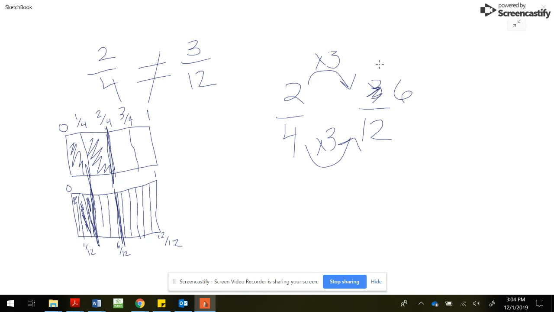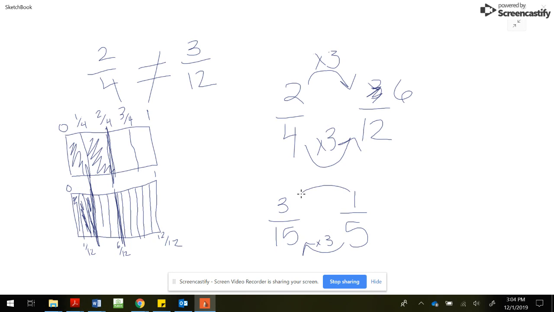One last thing that we might see is where, very similar to this, they're going to flip it up on you. So we're going to say 3/15 and 1/5. Instead, our larger denominator is on the left. So we could multiply. We could say 5 times what gets me 15? That'd be 3.